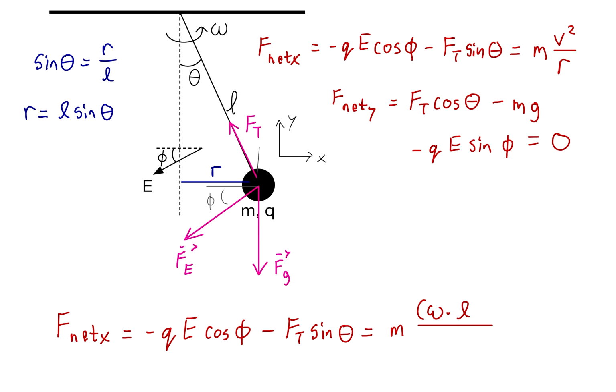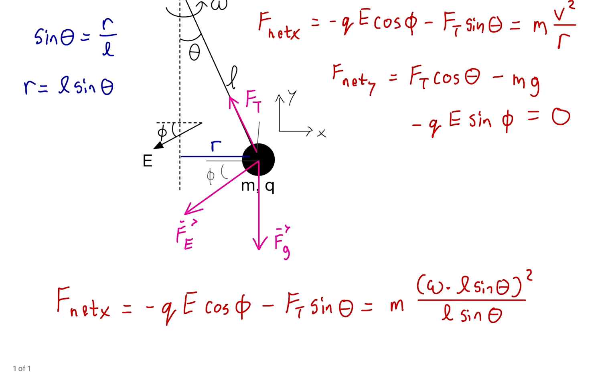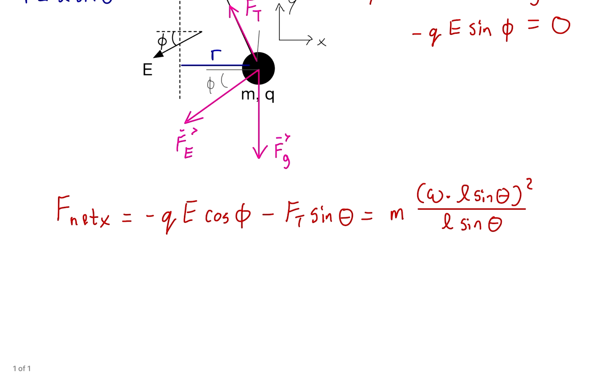That's going to be L sine theta, that whole quantity squared. And then down below, we have another R just by itself, which will then also become L sine theta. Okay? So you're going to have an L sine theta squared and an L sine theta not squared. One of those is going to cancel. So we'll still have an omega squared, but it'll just be omega squared times L sine theta.